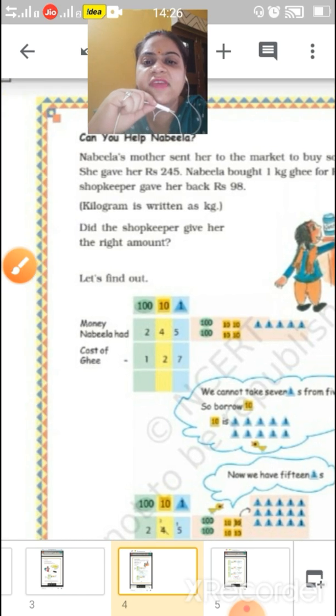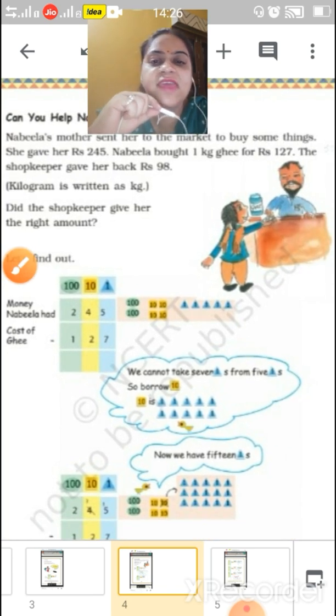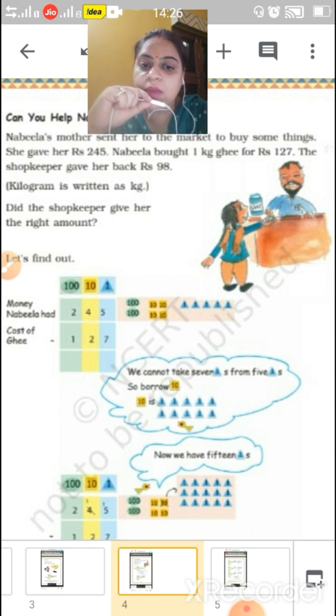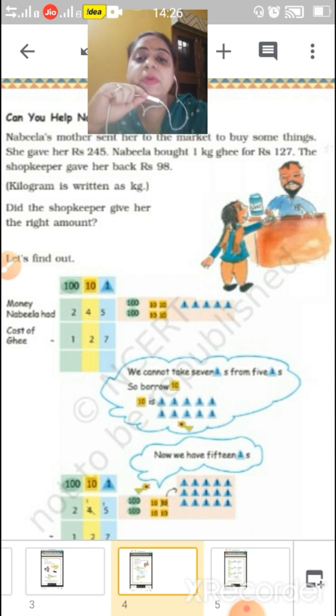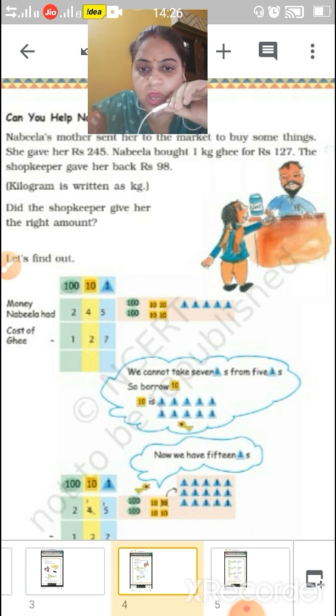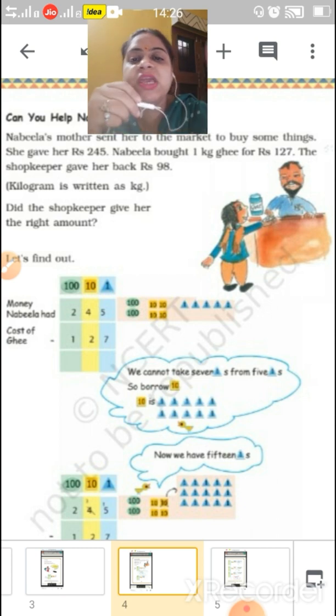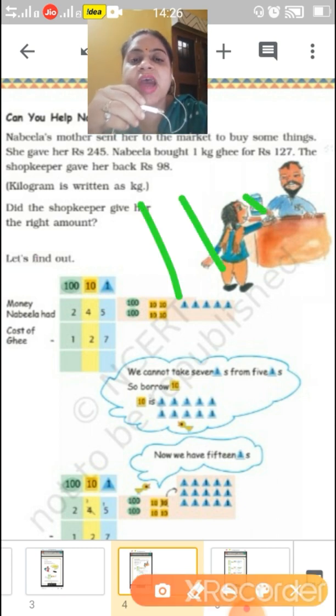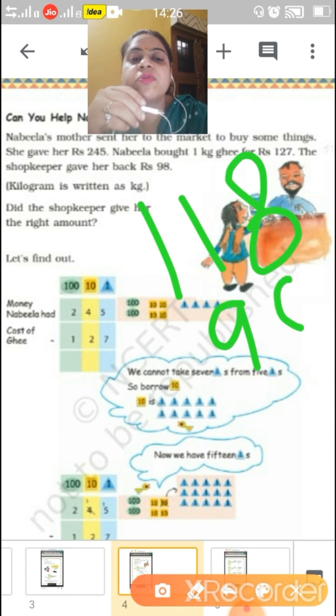Now the question asks, kilogram is written as kg. Did the shopkeeper give her the right amount? No, the shopkeeper gave her the wrong amount, because 1 kg ghee is 127 rupees. So her money left should be 118. And how much money has he given to her? He has given 98 rupees.